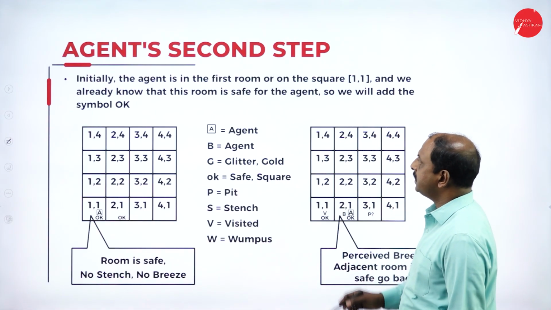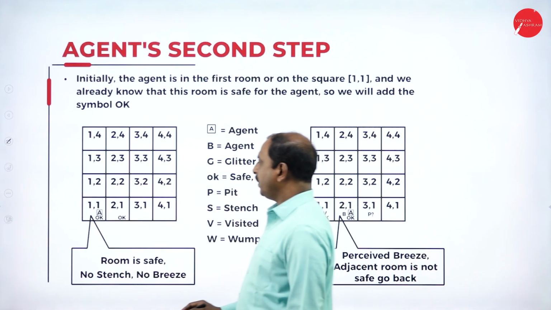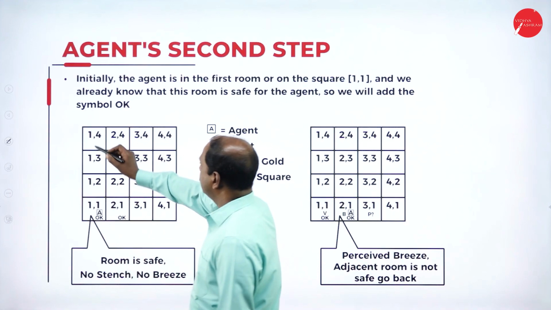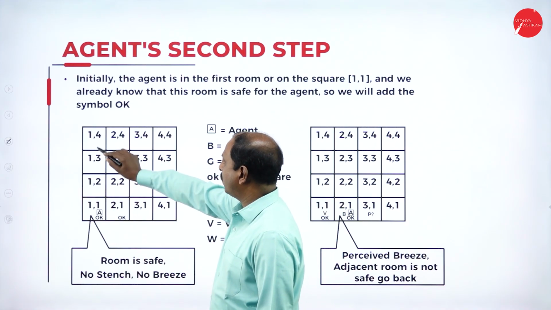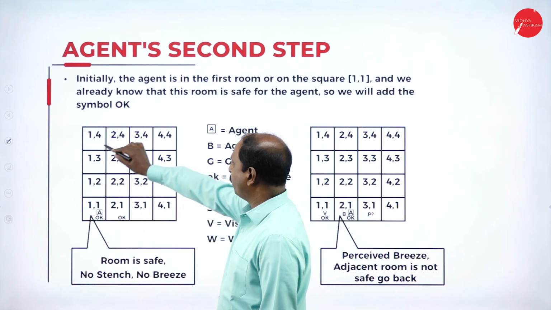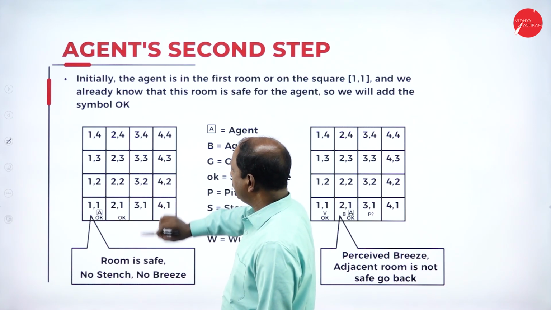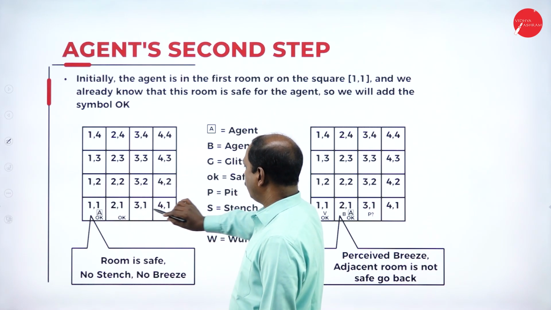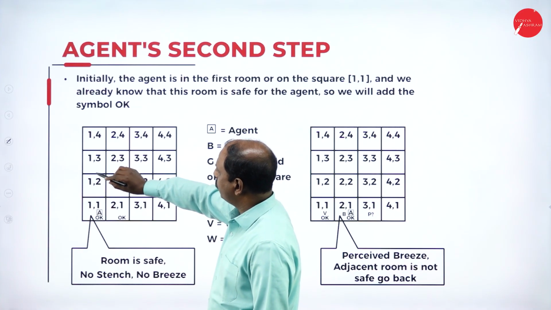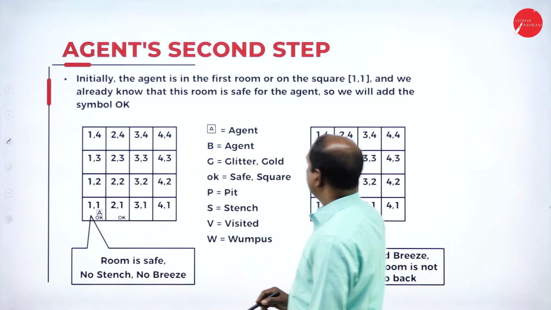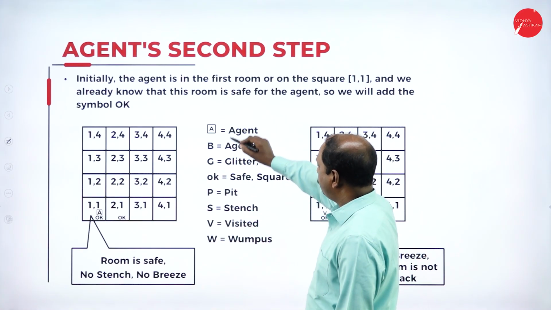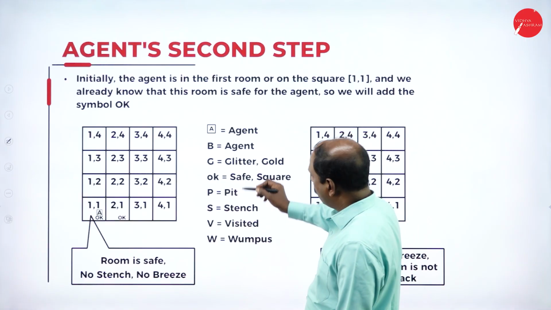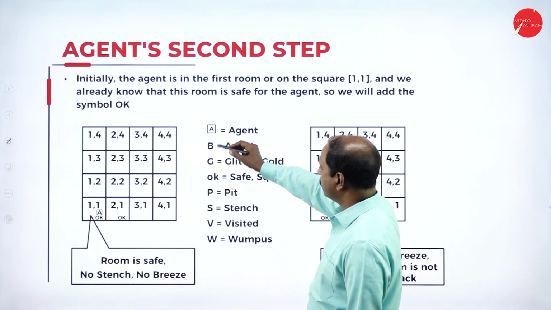So here is the agent's first step. At the beginning, if you look at the squares, these are the different coordinates given in this example: 1, 1, 2, 1, 3, 1, 4, 1, 1, 2, 2, 1, 3, 1, 4. And we represent the different positions of an agent or an object with different symbols or letters.